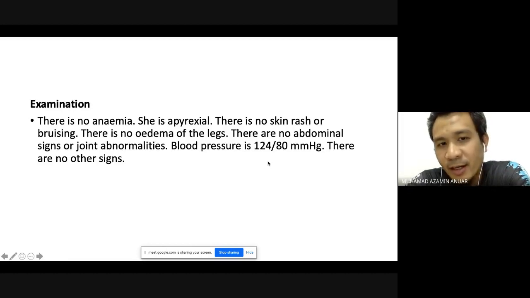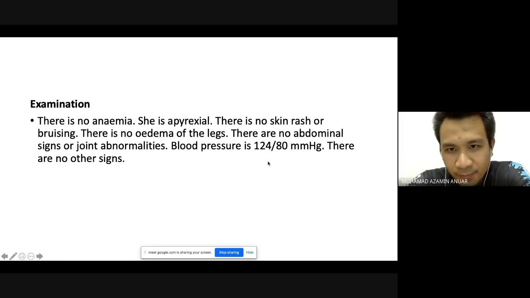So you are basically saying that since she is not febrile and has no paroxysmal symptoms, it's probably not really UTI. There's no skin rash, no bruising, so you are ruling out ITP, HSP, or other hematological or bleeding disorders.